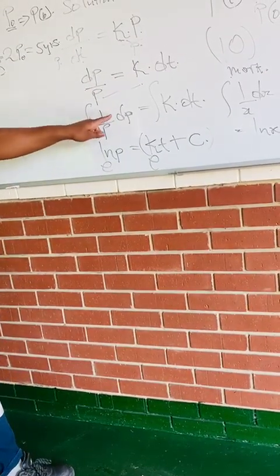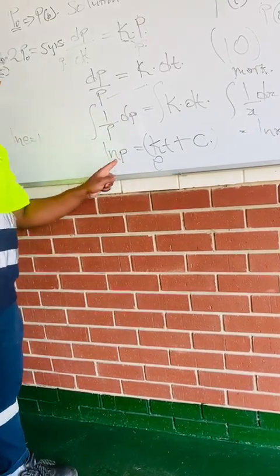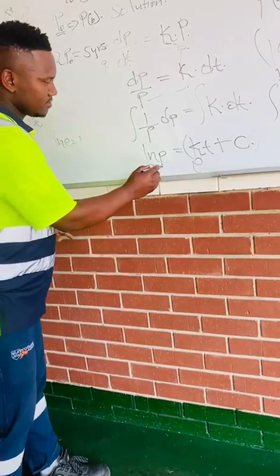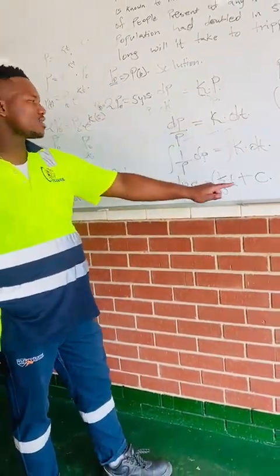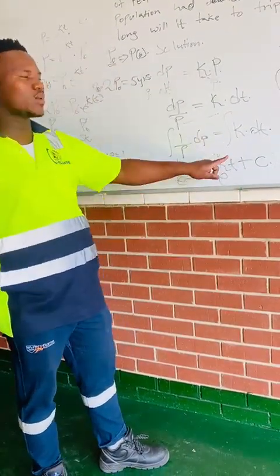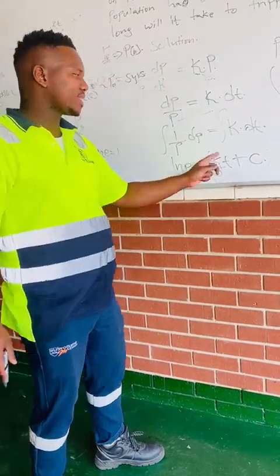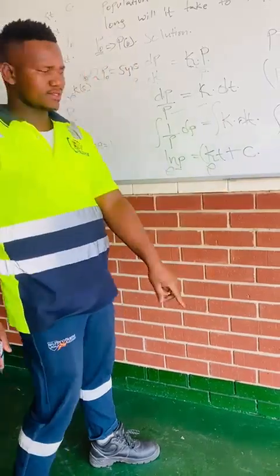The integral of 1 over P with respect to P will be ln P. This is equal to the integration of our constant. The integration of our constant is k multiplied by t, because we are integrating with respect to t. We are trying to know the years. And then therefore plus some constant, c.